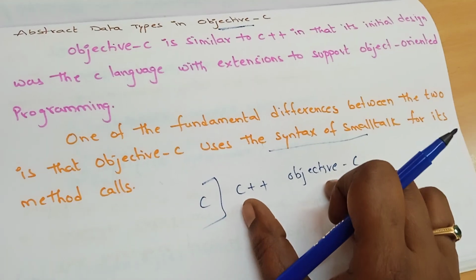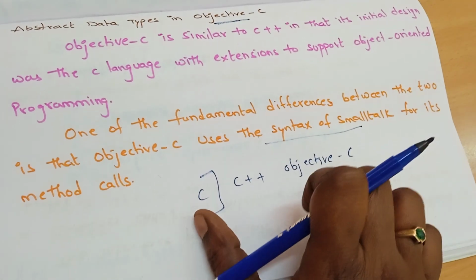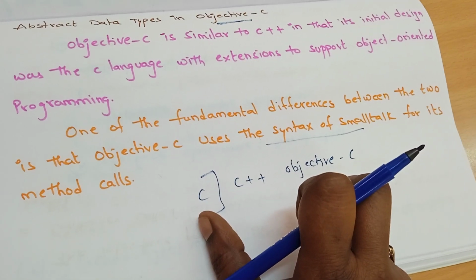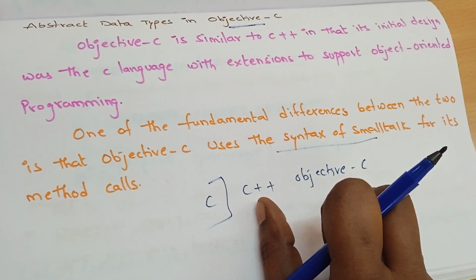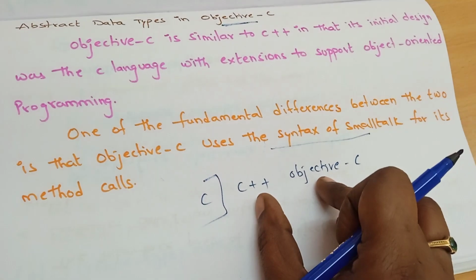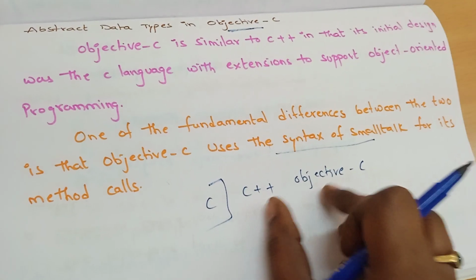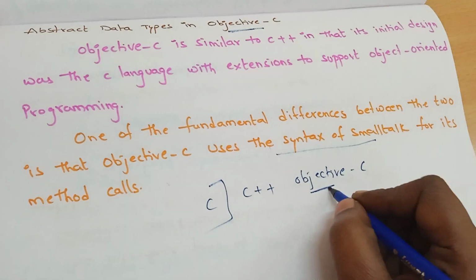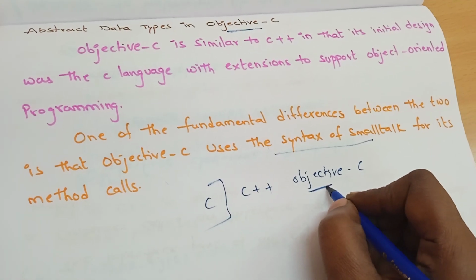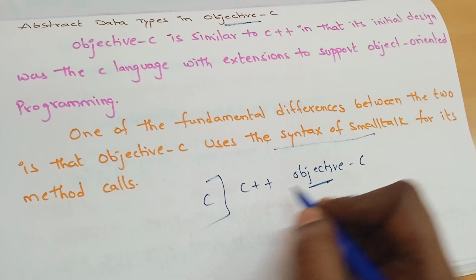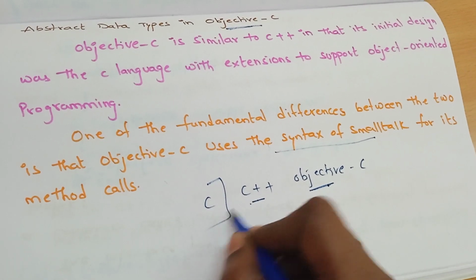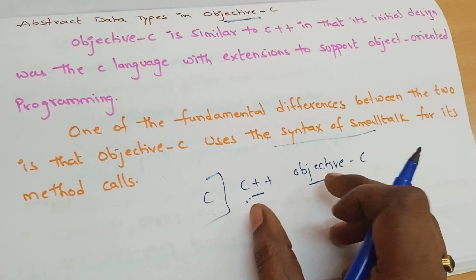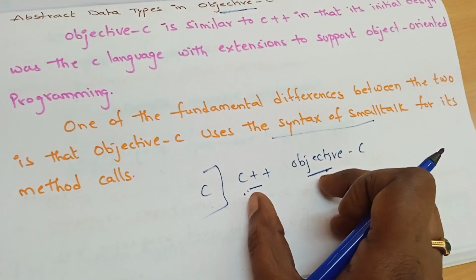C and Objective-C differences are very large; C++ and Objective-C similarities are very large. One difference between these two is that Objective-C syntax is the same as Smalltalk. The syntax of C++ will have some C features, but the syntactical structure of these two is very different.